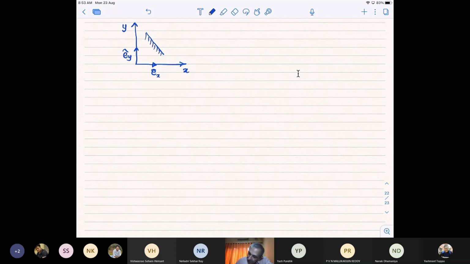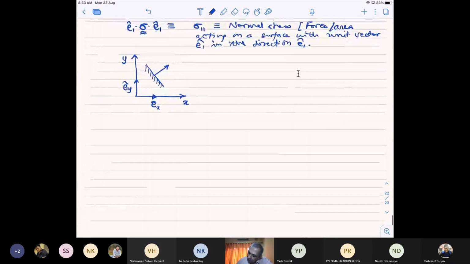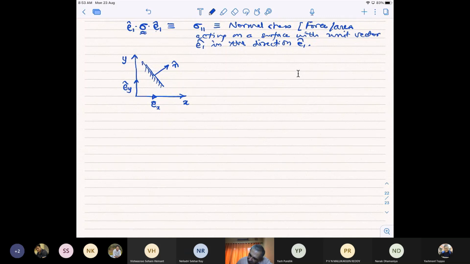And I'm given that the normal vector to this surface is, let's say, n, and the tangential vector is t. And let's say the normal vector makes an angle alpha with the x-axis.